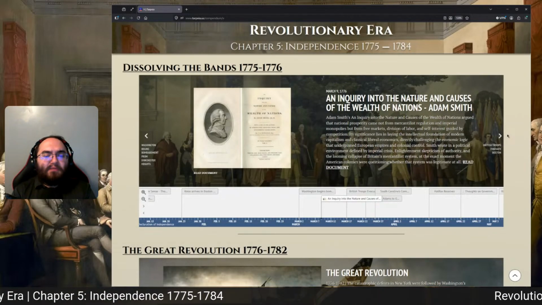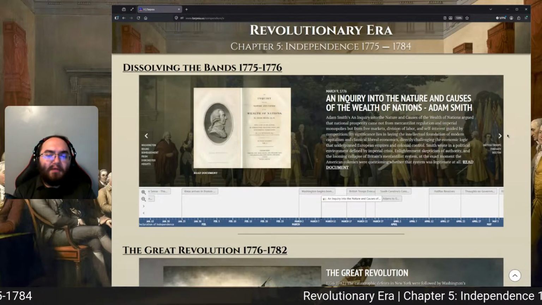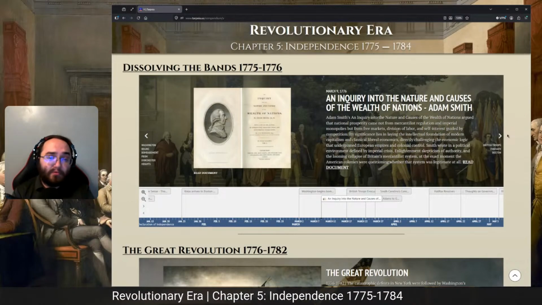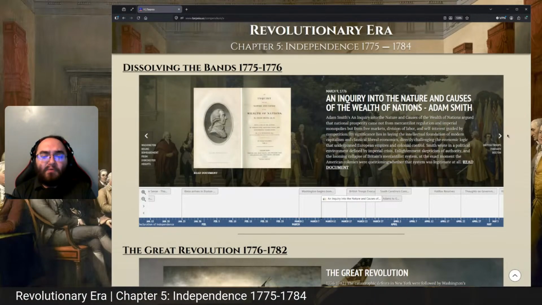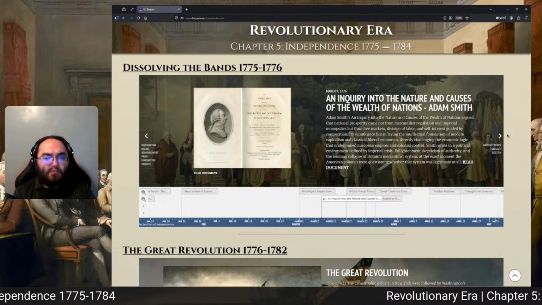And so Adam Smith is very much in favor of America and believes that a lack of regulations is what's best, not just for America, but also Britain, in order to allow for investment and productive growth.